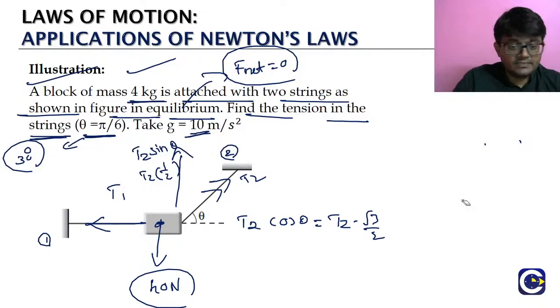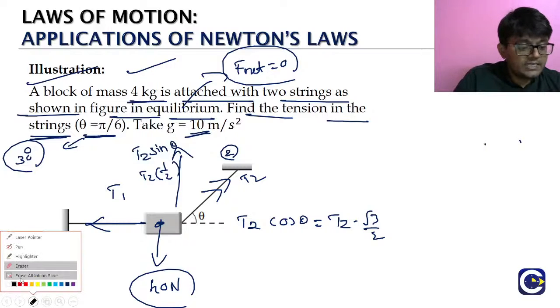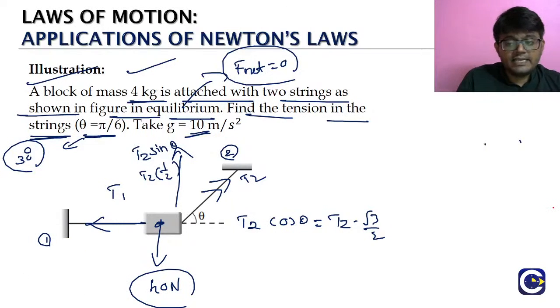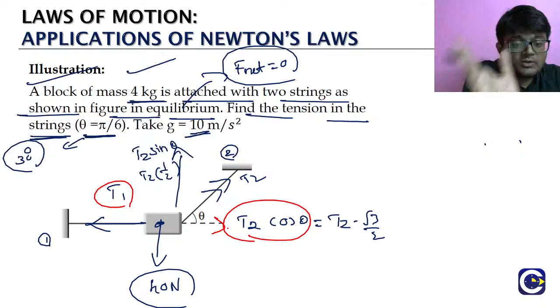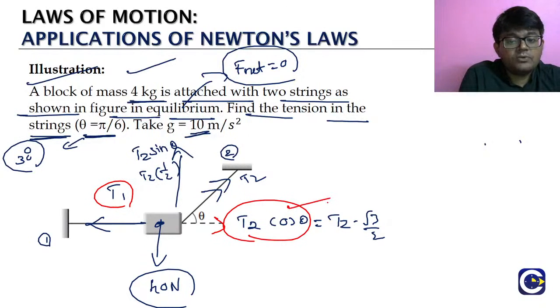Horizontal direction, நீங்க சொல்லுங்க, what will be the forces that are there? There is a T1 in the left side, அந்த மாதிரி T2 cos theta is towards the right side. அவ்வளவுதான், வெறும் two forces தான்.